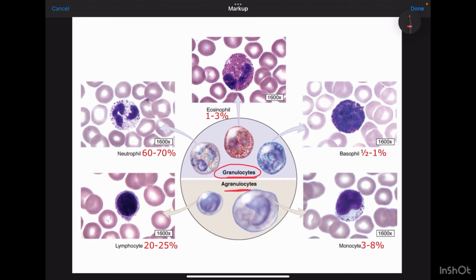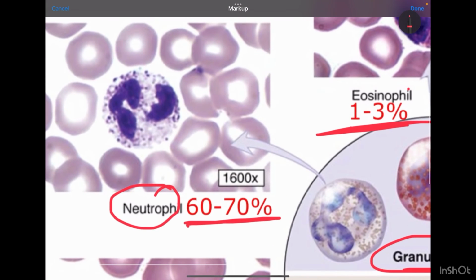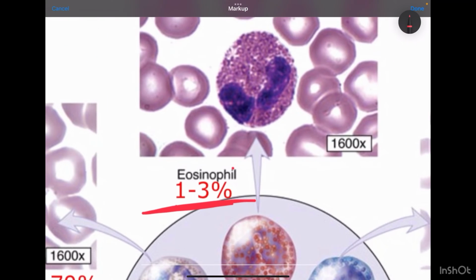We said for the granulocytes, we have the neutrophil, which is the major one in the leukocytes, 60-70%. We have the eosinophil, which is less than neutrophil in the leukocytes. And we have the basophil, which is much less than those. The neutrophil is a multi-lobed cell.